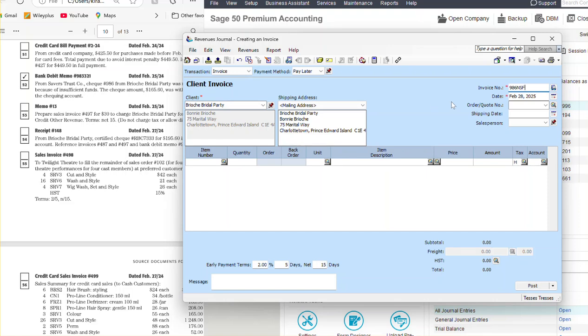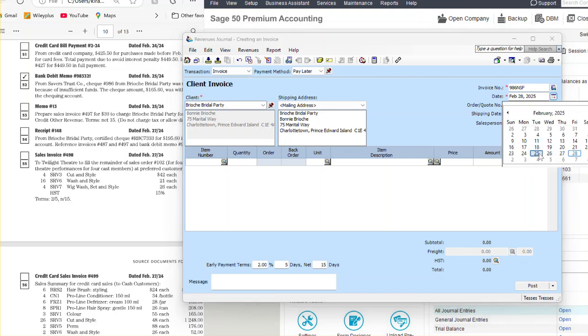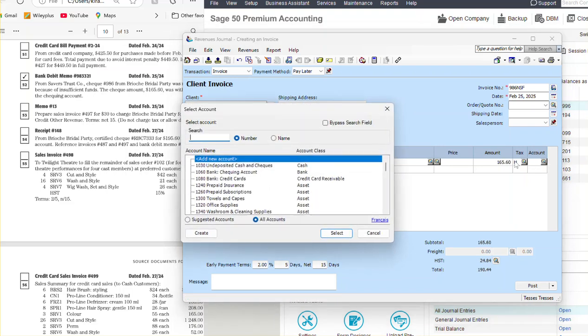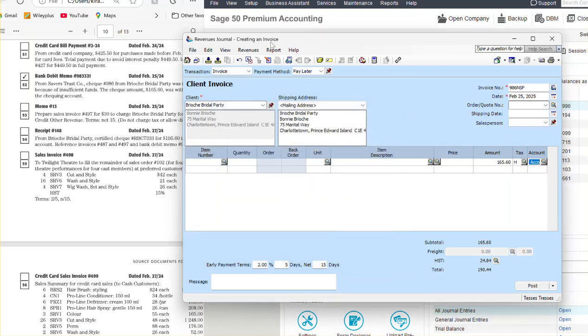The date is the 25th. I have the money was the 165.60, and the account that you're going to charge it is your bank account. So I will have to do it, and if you display a transaction, it should look like that.